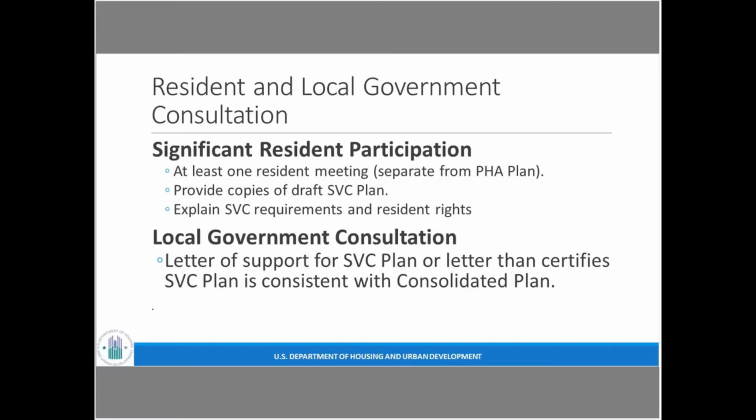The one place where Section 22 is maybe a little more lenient is PHAs don't need to consult separately with the RAB on the SVC plan, as long as they're engaging with the residents of the development and the resident councils of the development in developing the SVC plan.